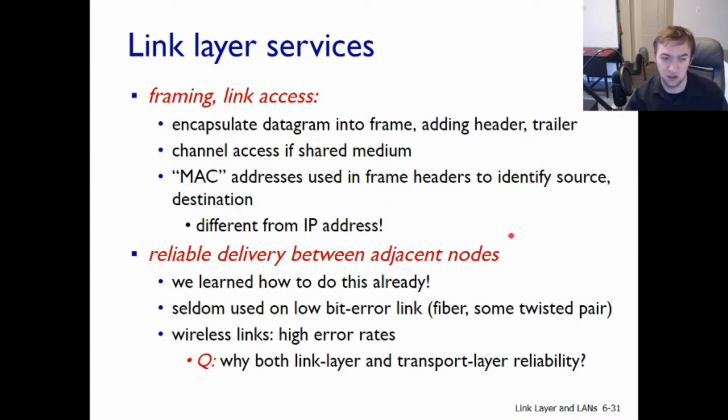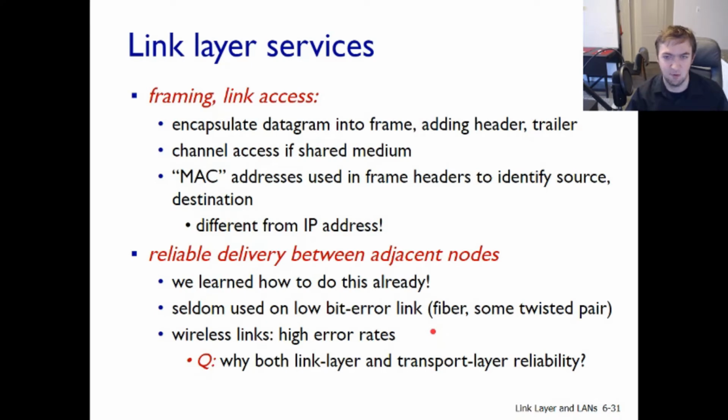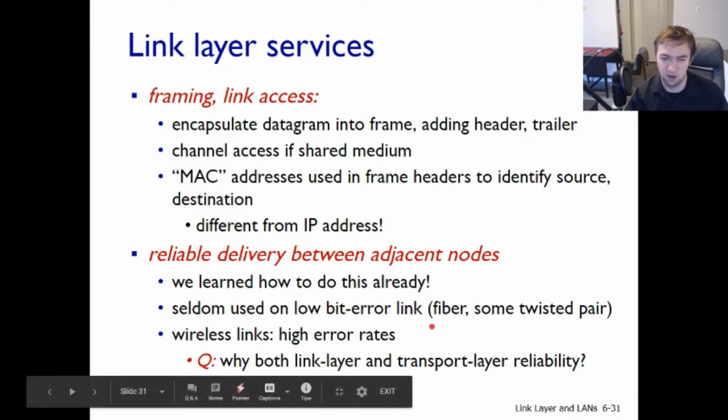In addition, the link layer offers reliability between adjacent nodes. We've seen a little bit of this when we were back at the transport layer looking at RDT. However, when it comes to something like a wireless link, very often these can have high error rates, whereas something like a fiber or a twisted pair cable is less likely to have this.